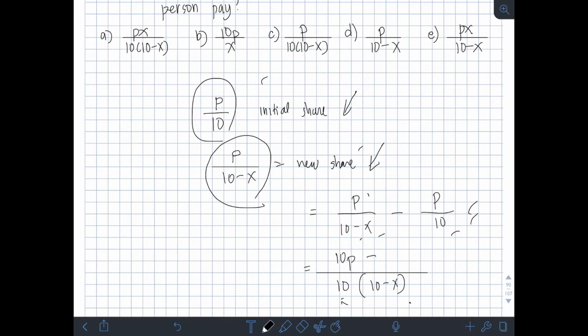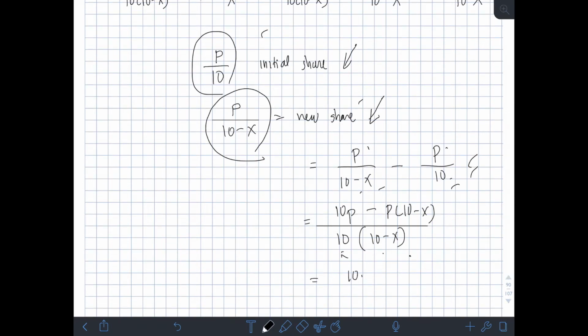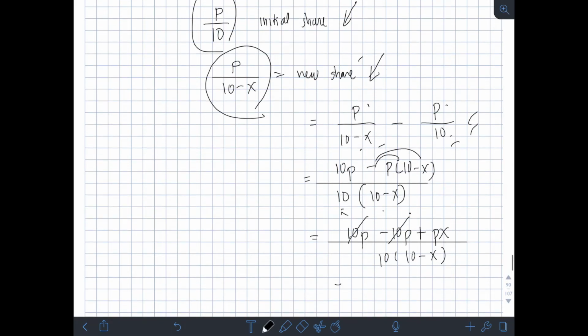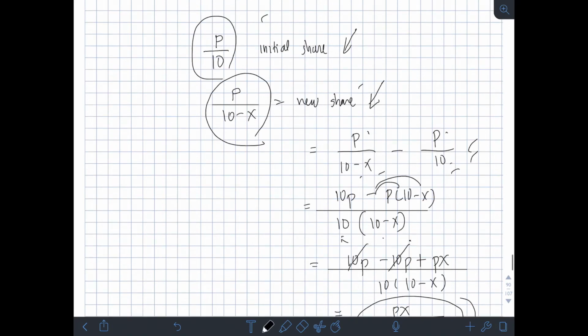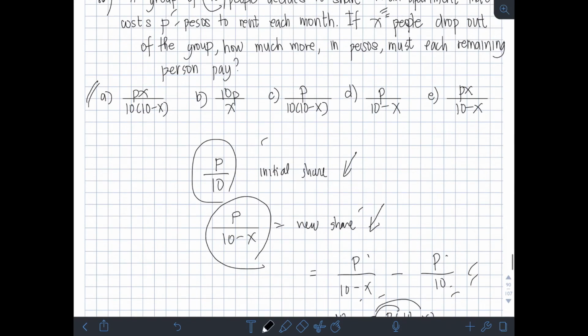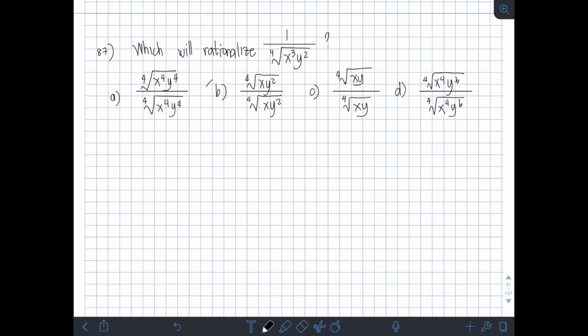Minus 10 times 10 minus X divided by 10 is 10 minus X, then times P. So, P times 10 minus X. So, simplify, 10P, distribute tong negative P, negative 10P plus Px divided by 10 times 10 minus X. Cancel si 10P, matitira is Px over 10 times 10 minus X. So, therefore, this is the final answer. Letter A.